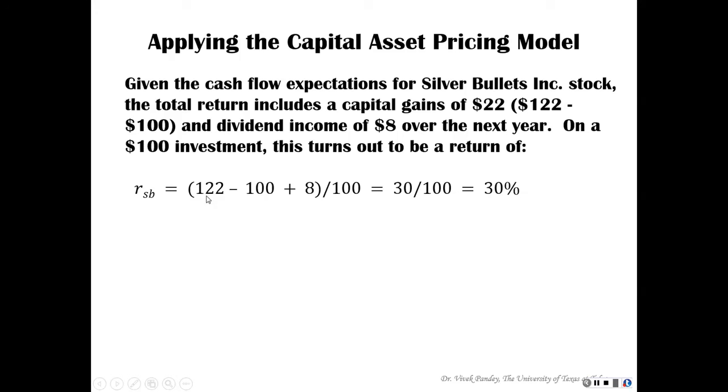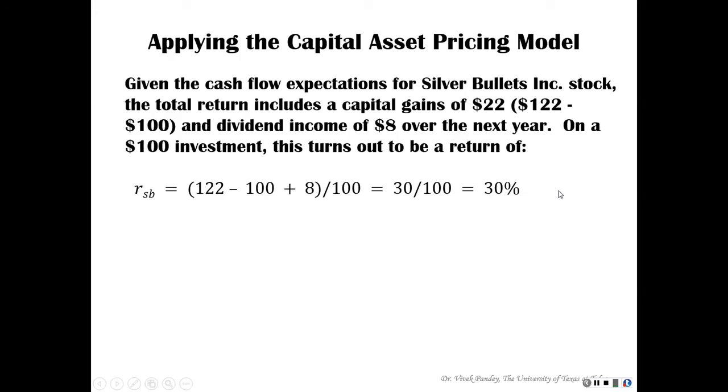So 122, the selling price minus the purchase price, that is basically the capital gains. Then $8 in dividends is income from this investment over the year. All of that adds up to 30% return on the initial investment.